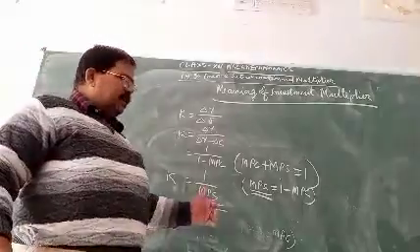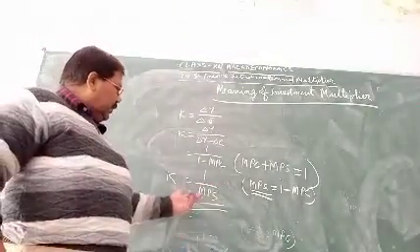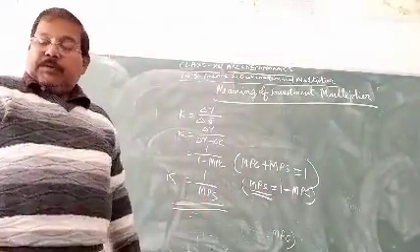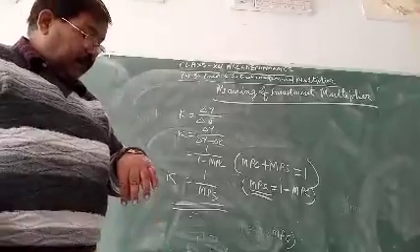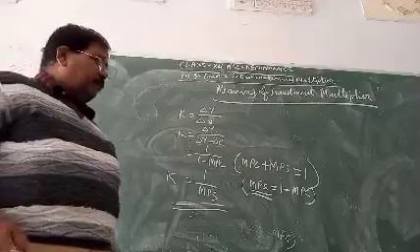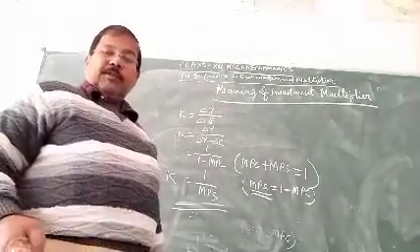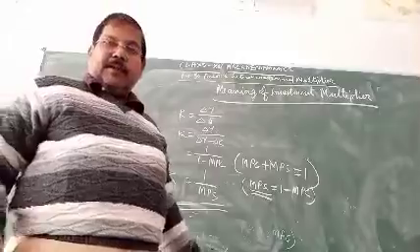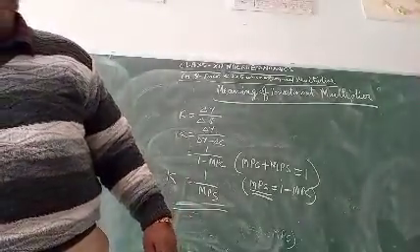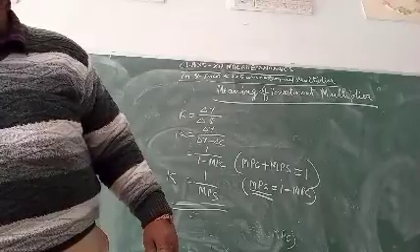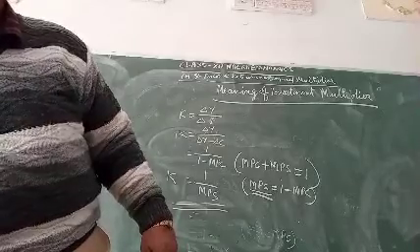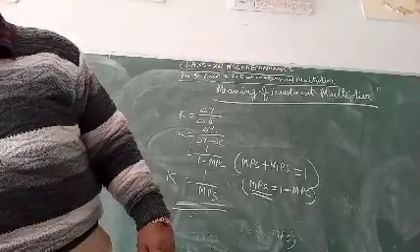So, if 1 minus MPC has gone, then we can write MPS only. This is the relationship between MPC and multiplier, and between multiplier and MPS. In this way, you can solve the several numericals from your book.